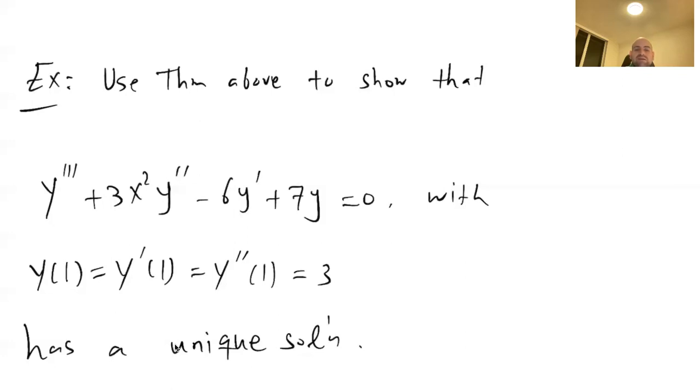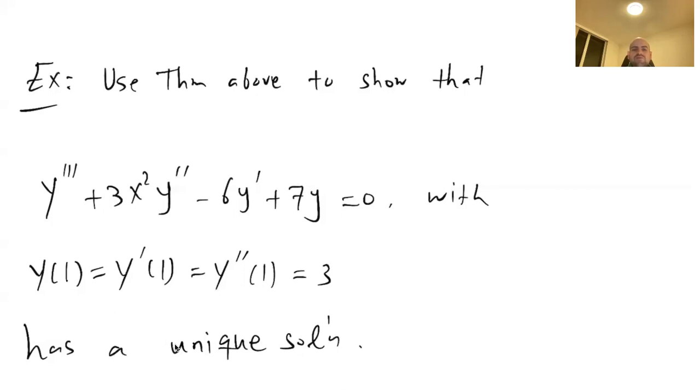But because the technique that we just learned gives us the opportunity to reduce a third order ODE to a first order system of ODEs, and because we now have a theorem for existence and uniqueness of solution for first order system of ODEs, we are now able to prove existence and uniqueness of solution for this type of equation, although this equation is third order.